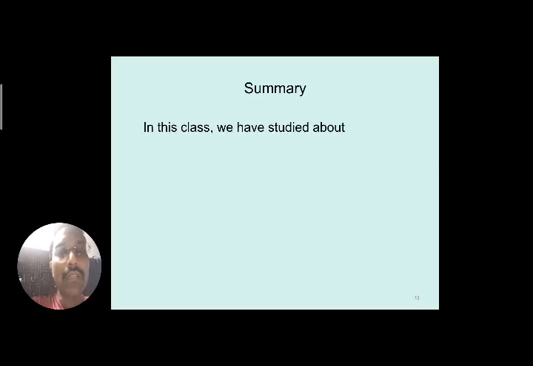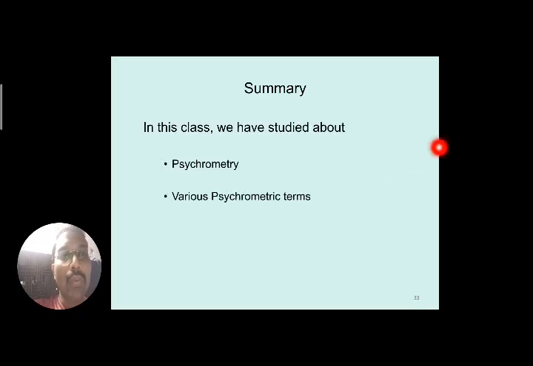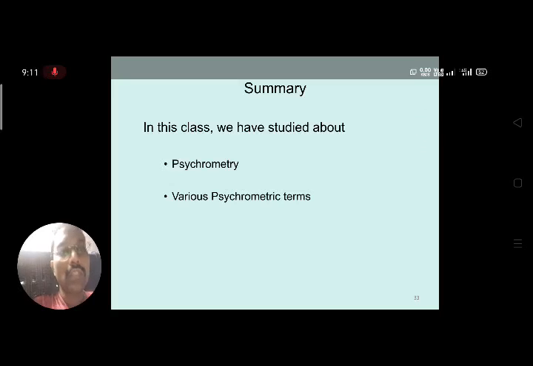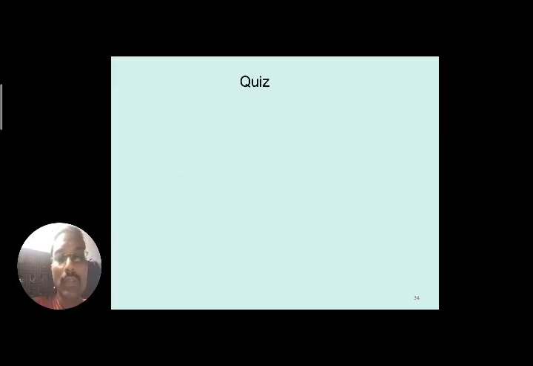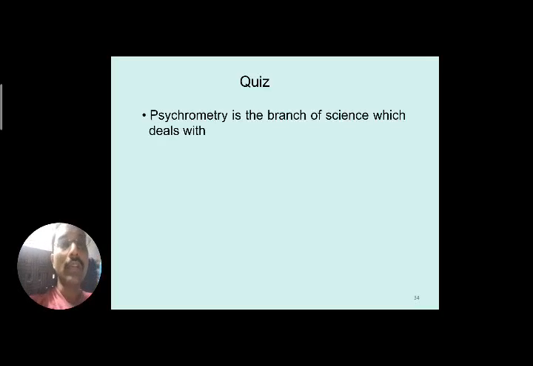Also we have seen the sling laboratory psychrometer, sling psychrometer, and aspirating psychrometer. So these are today's video session, and now we move on to the quiz part. A few questions will be there, which you can answer very easily if you have followed this video session continuously.